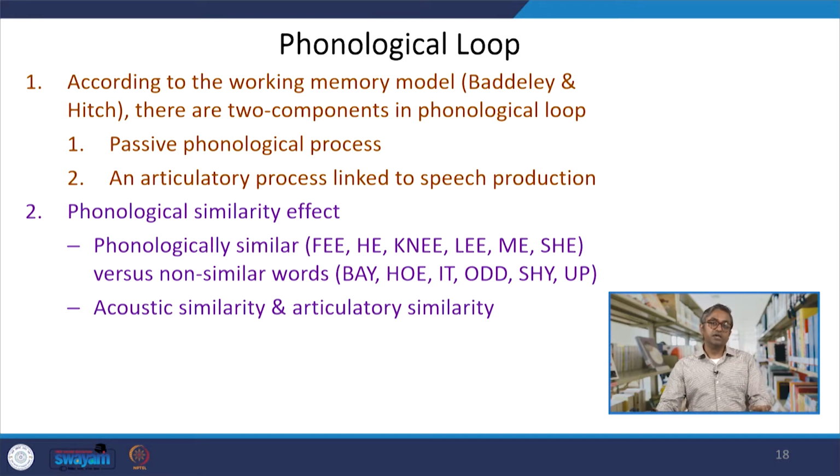The phonological loop even prioritizes which sound should be paid more attention to. The negative word is given more preference, the negative sound is given more preference than the positive sound. The threat sound will be given more preference than the non-threat sound.